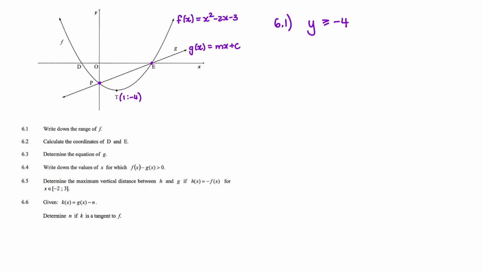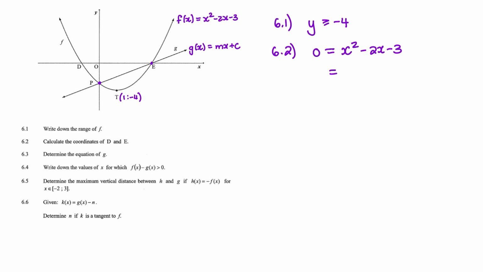6.2. Calculate the coordinates of D and E. So the points D and E are the x-intercepts of the graph of f. So we know that at the x-intercepts, y is equal to 0. So we'll have 0 = x² − 2x − 3.